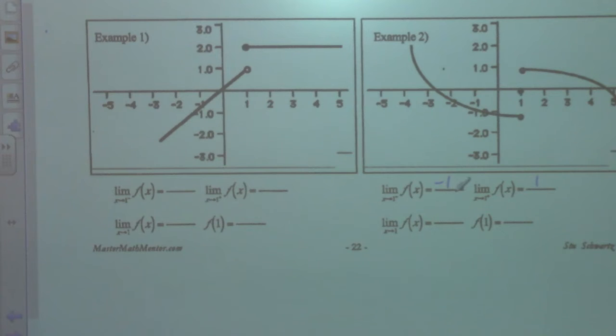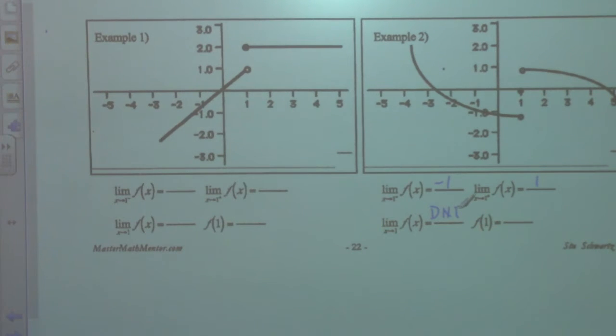This is the left side limit, this is the right side limit. Are these two things equal to each other? No, they are not. So what is the limit as x approaches 1 of f of x? That does not exist, that's right.